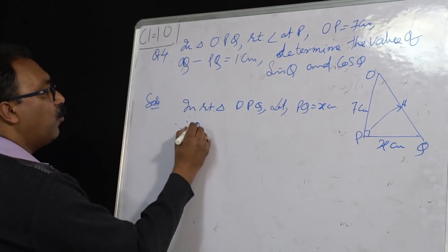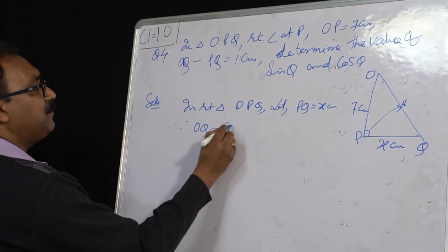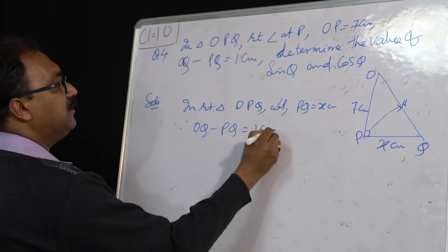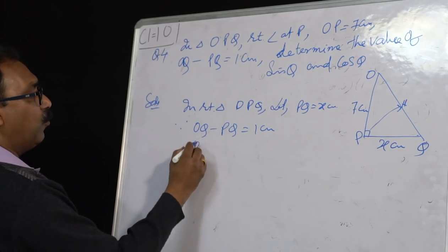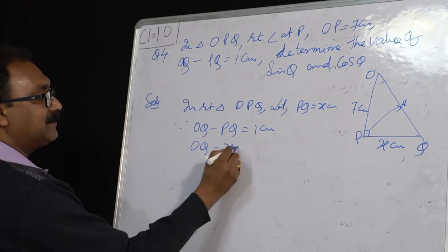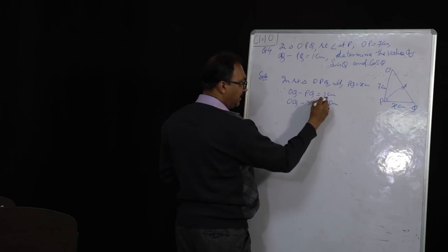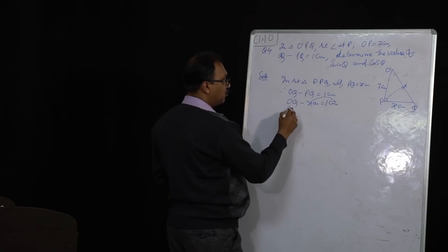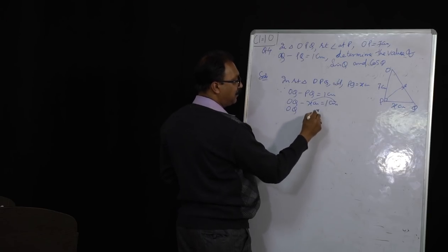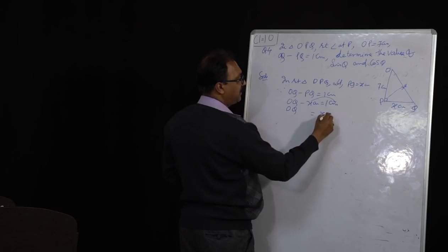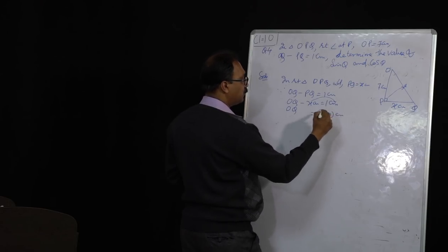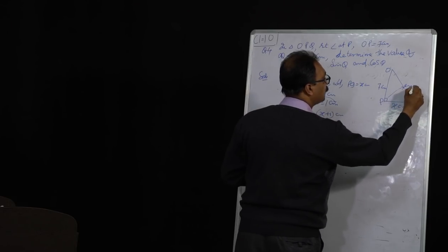Then since OQ minus PQ equal to 1 centimeter, we put this value here. OQ minus x centimeter is equal to 1 centimeter. This x you bring to that side. So OQ equal to x plus 1, both in centimeter. So what you got here? x plus 1 centimeter.